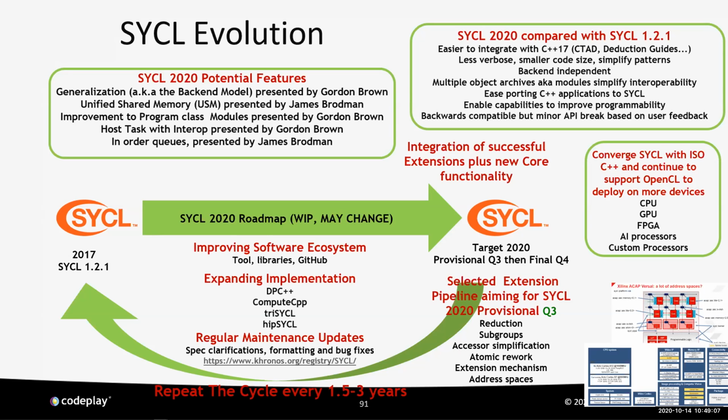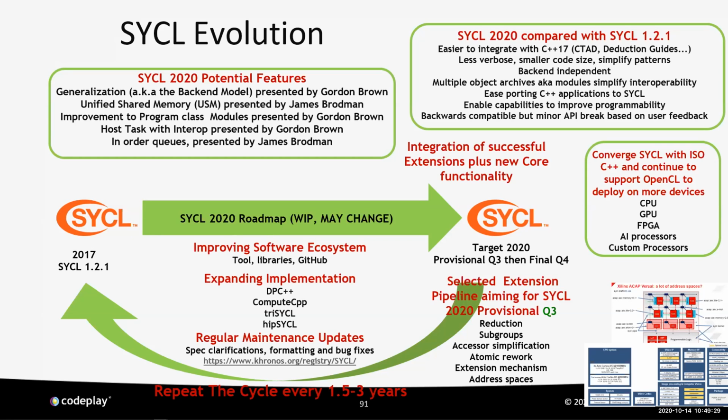We want to enable multiple backends, but simplify interoperability, while at the same time easing porting of C++ applications to SYCL, improving programmability. We aim to strike a balance for performance and stability by enabling backwards compatibility with the previous release. So we expect any API breakage to be minor from 1.2.1 to 2020.